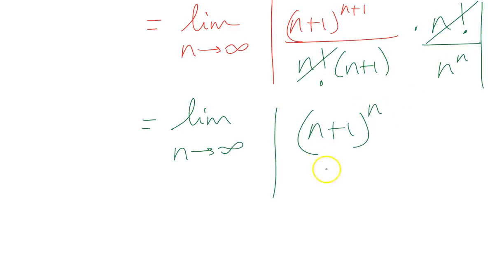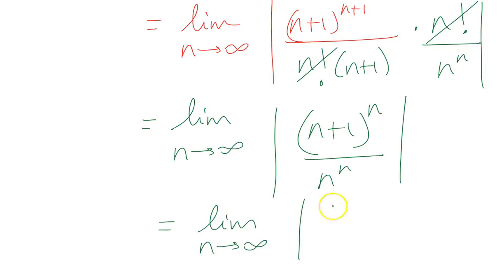In the denominator we have n to the power n, which we can write as limit as n goes to infinity of n plus 1 over n, raised to the power n. What is that limit? Of course, the limit of the parentheses is 1, but this is infinity. 1 to the power infinity is an indeterminate form.